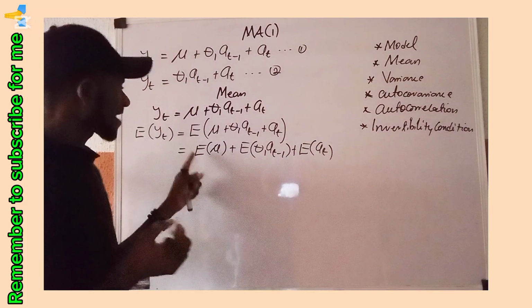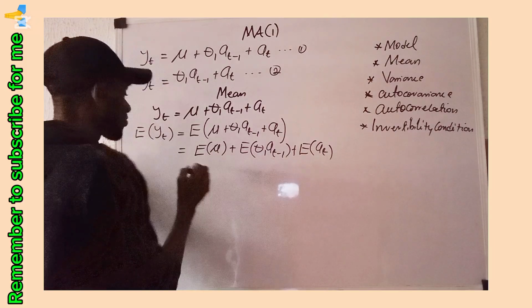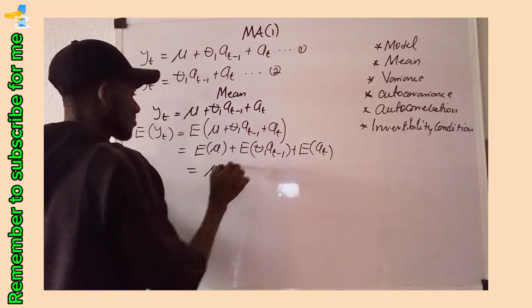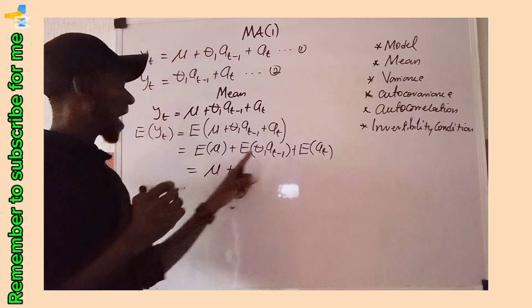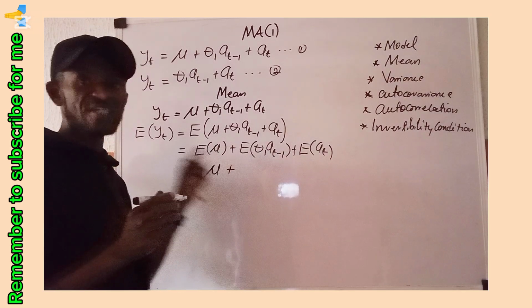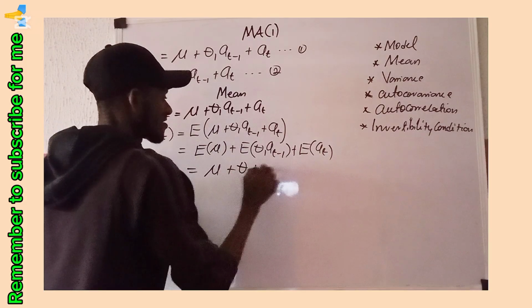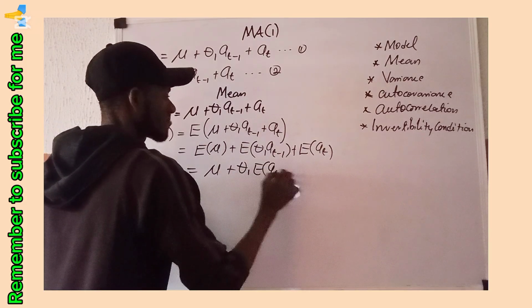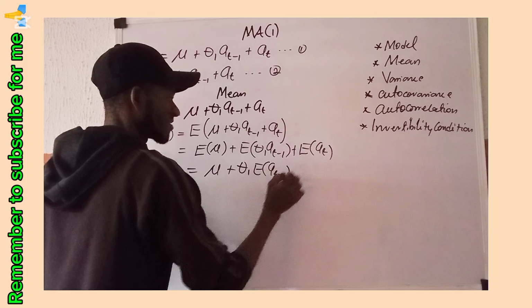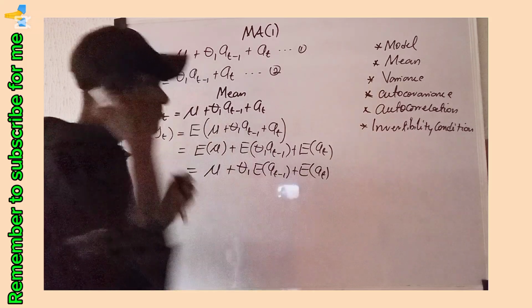And of course, the expected value of a constant is a constant. So here becomes mu plus theta 1, which is a constant. It can be factored outside the expectation sign. And I have theta 1 E of a of t minus 1, close the bracket, plus E of a of t.